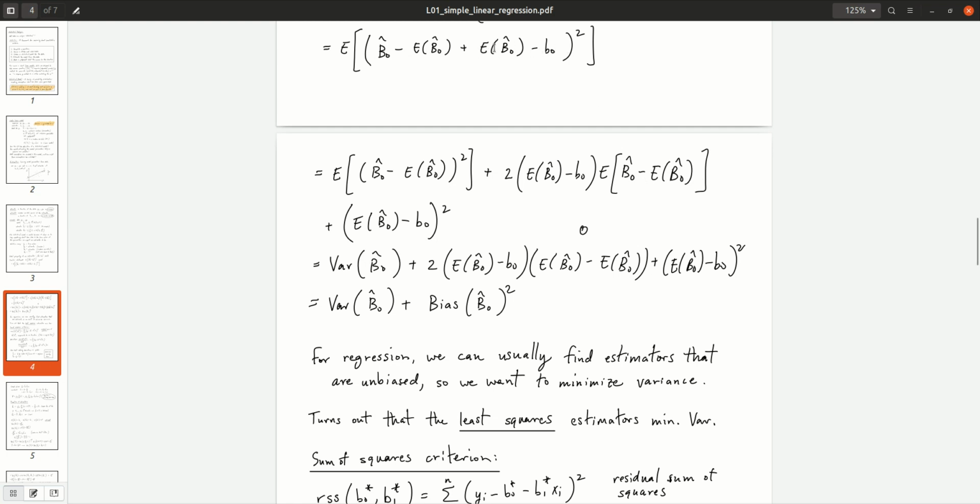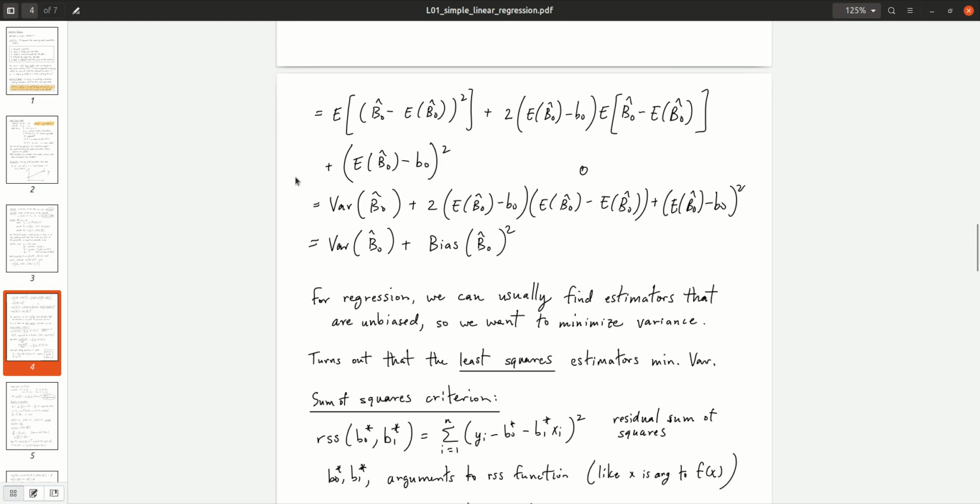Now, both of these things are not random, so they come out of the expected value, so that's why you get this here. And then the last part is expected value of this difference squared. And again, that's not random, and that's not random, so we just get that difference squared.